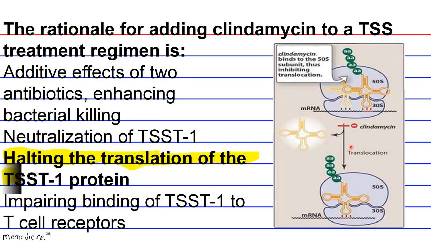Hence, the correct answer choice is halting the translation of the TSST1 protein. Although this may be a faux pas because specifically it's not halting the translation, it's halting the translocation. But I'm not going to argue with the test makers. So, yeah, this is the closest to correct answer choice, okay?